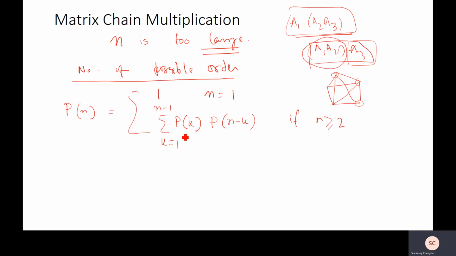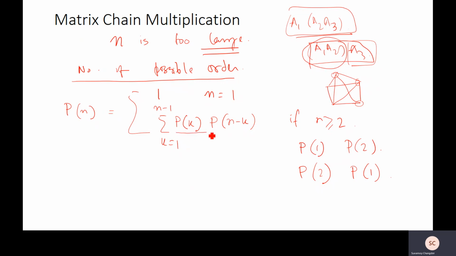If n equals 2, this is P1 and P1, like this: one side contains one matrix, and the other side contains another matrix. If n equals 3, we can go for P1, that is matrix 1, and 2 matrices. Again, on one side we can contain 2 matrices, and the other side contains 1 matrix.